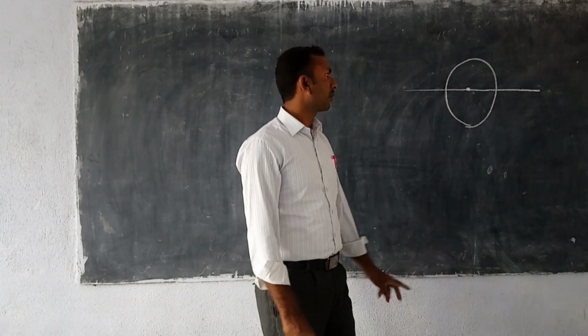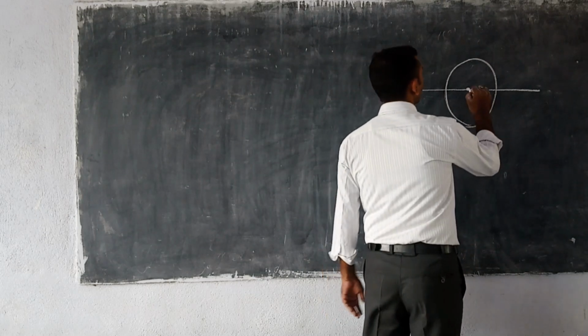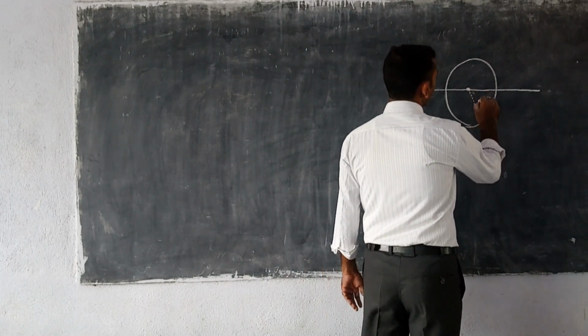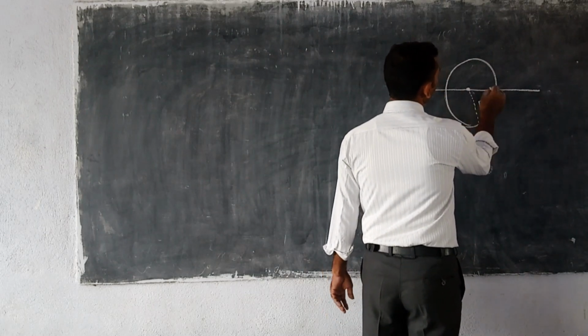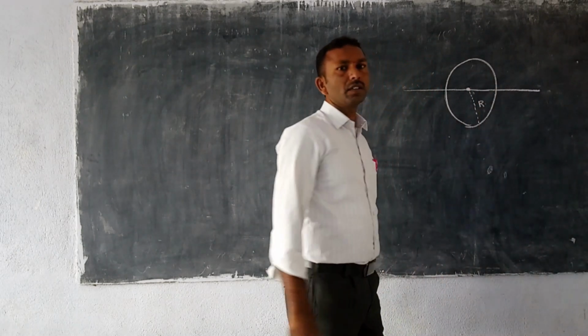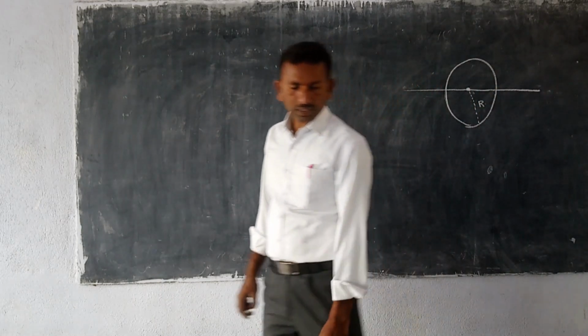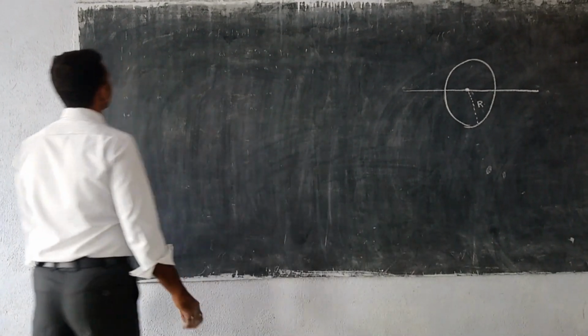This is the question. The radius of curvature is R, and the object distance is also R. Okay, then write the values here.